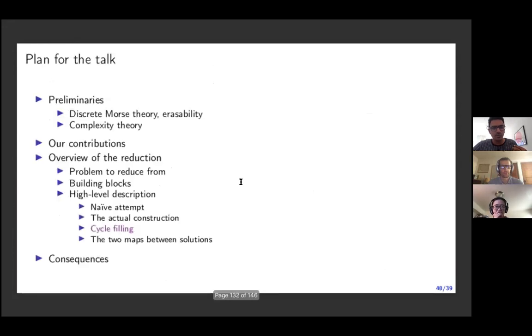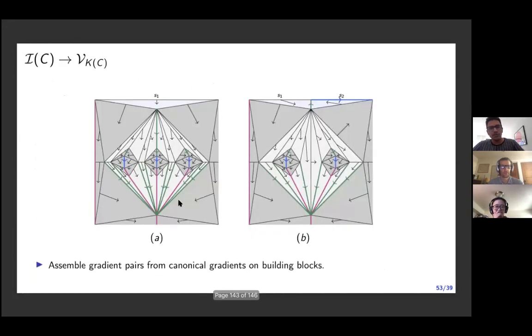What you do is you first collapse to the pink guys. The canonical gradient collapses to the pink guys. When you assemble all the pink guys, we show that the one cycle basis is supported by the pink edges assembled from all the different building blocks.